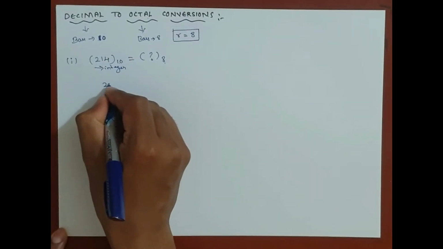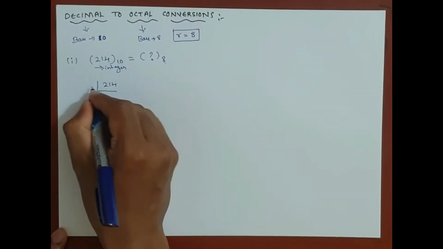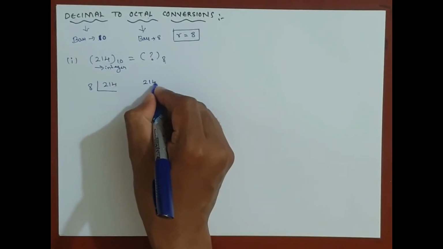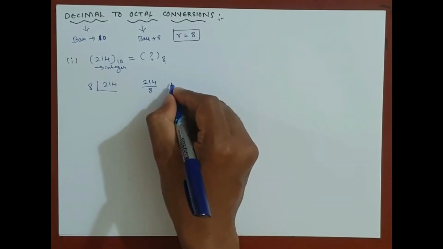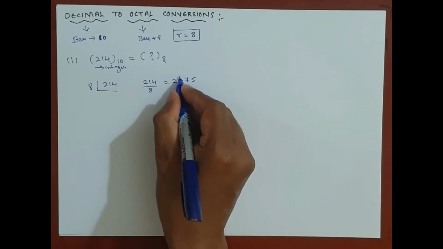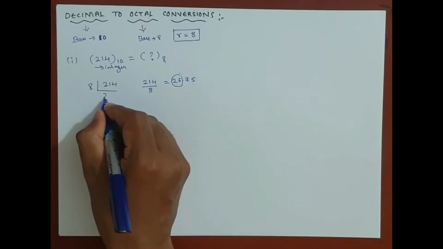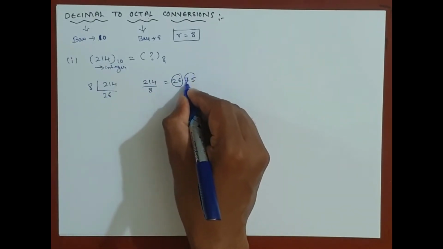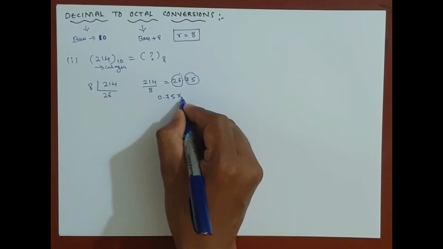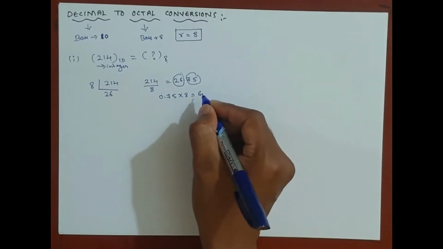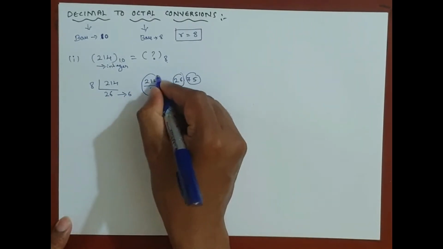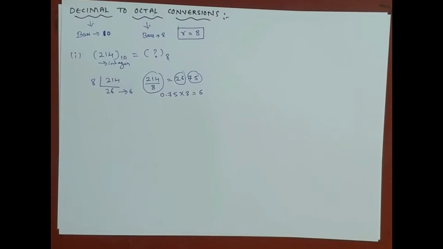So take this 214 divided by 8. The result will be 26.75. So take this 26 integer part over here, and the fractional part, 0.75, multiply by 8 equal to 6. It means the remainder is 6, and this is the procedure to find the remainder which we have discussed earlier.